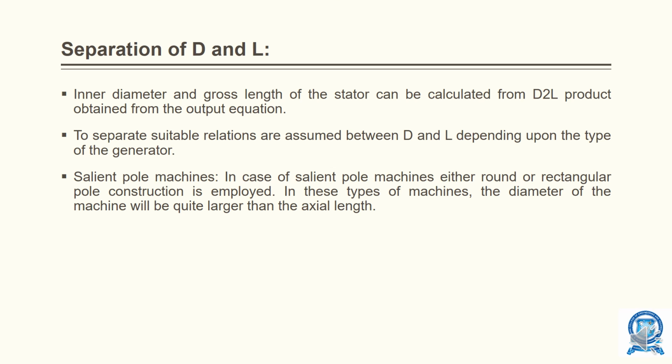In these types of machines, the diameter of the machine will be quite larger than the axial length. If you take the D and L values for a DC machine, they always come within 1, that is, they will always be fractional values in meters, whereas for alternators it will be a little bit higher compared to other machines.